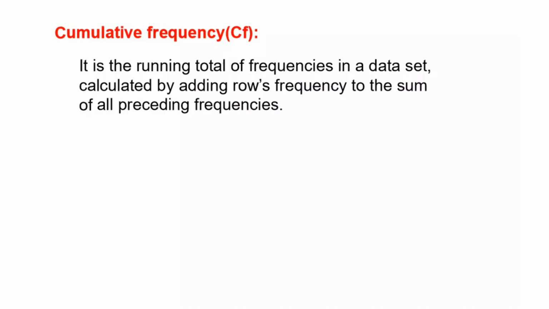Then to get the next one, you add the next frequency value to the previous cumulative frequency. You do that until you get everything. Note that the last cumulative frequency should be equal to the sum of the frequencies.